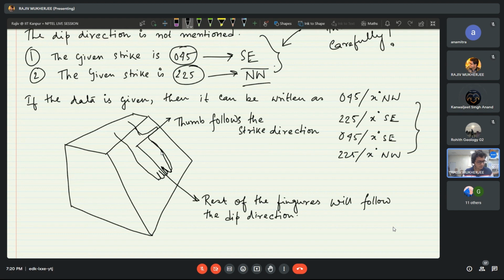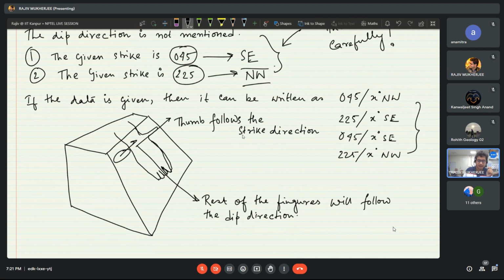No, sir. So in the field, you place your Brunton compass here and you measure the strike direction.